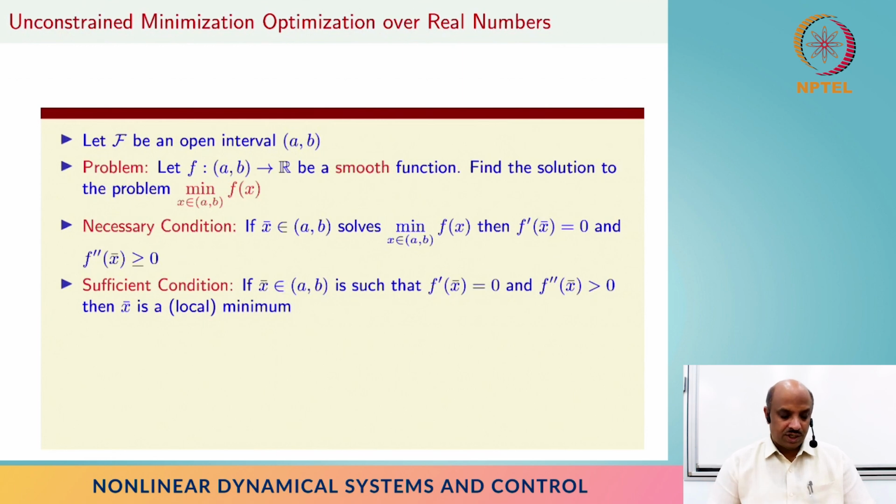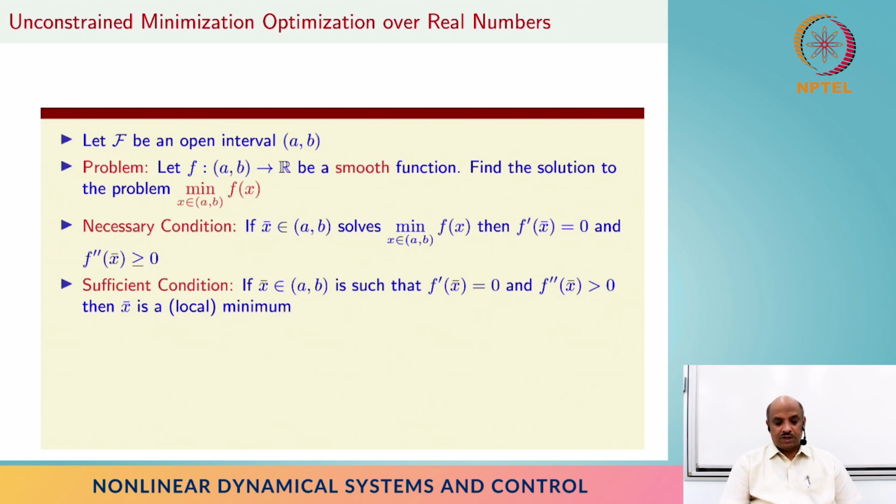And the sufficient condition is very similar, but with a small subtle difference, which is quite an important difference. If you have some x bar in (a, b) such that its first derivative is 0 and the second derivative is positive, then x bar is going to be a local minimum.